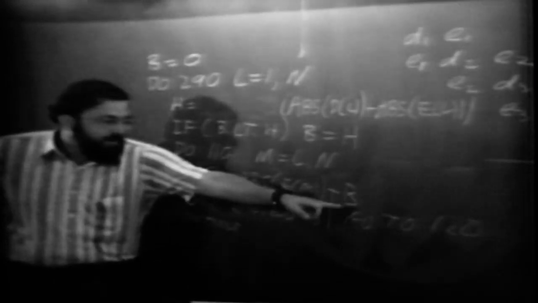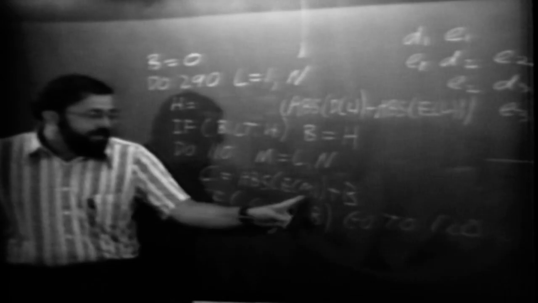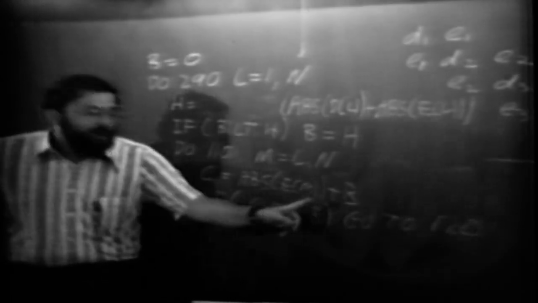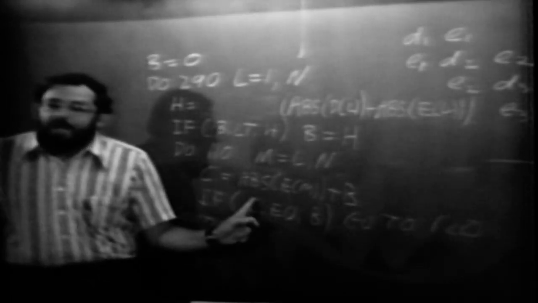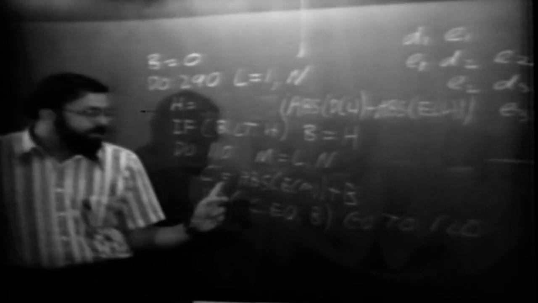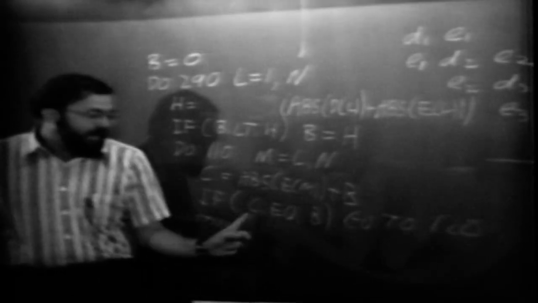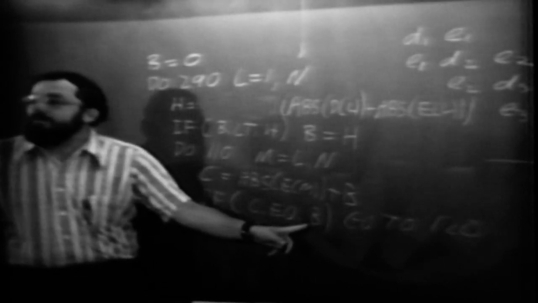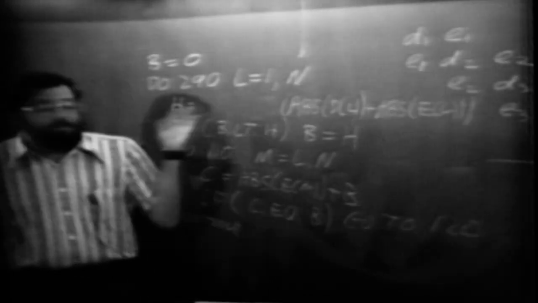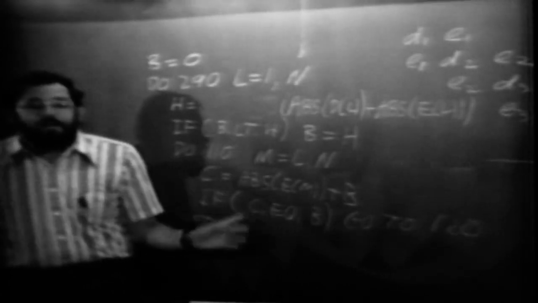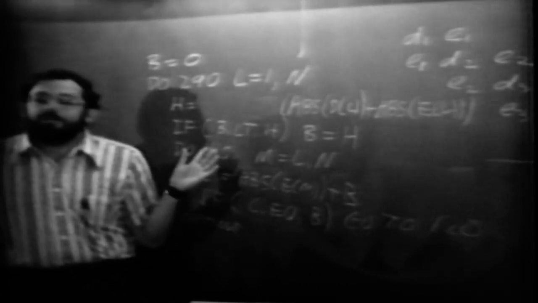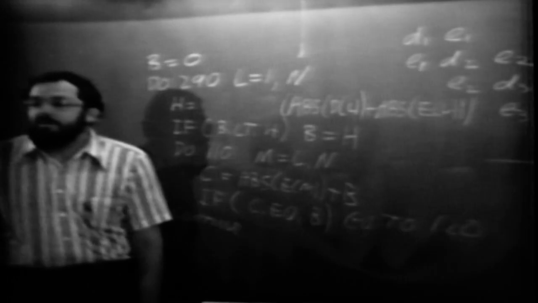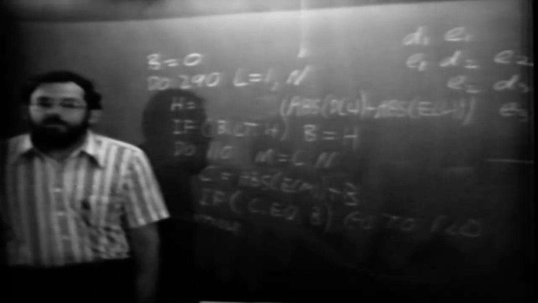Now, with the round-off error of the machine, if this thing is really negligible, when you add it to B, it won't change B. And so C will be the same as B. And I can ask here if C is equal to B. And if it is, I'll skip. Right? Now that kind of modification would take TQL2 and make it machine independent. And that's all that's necessary to do.